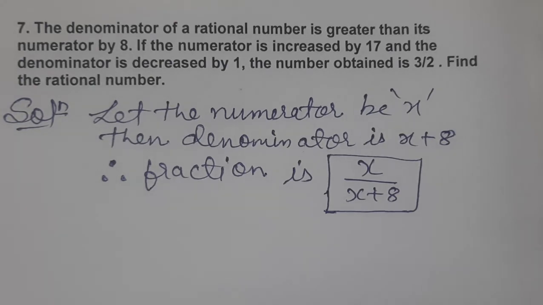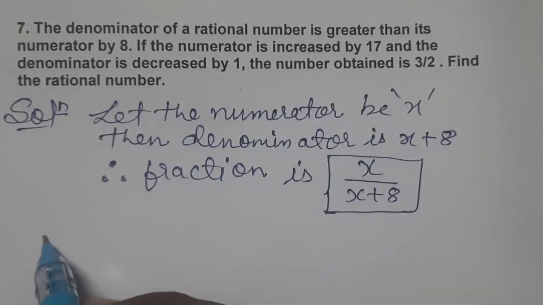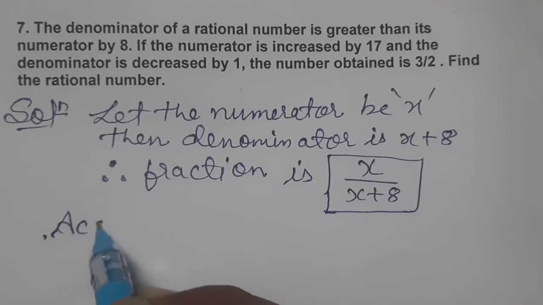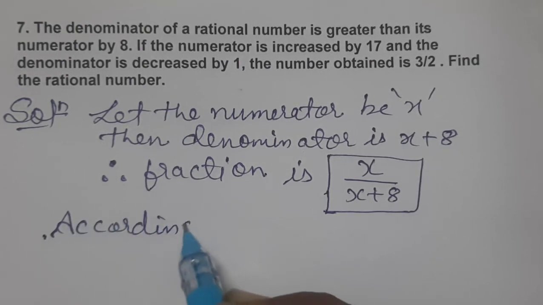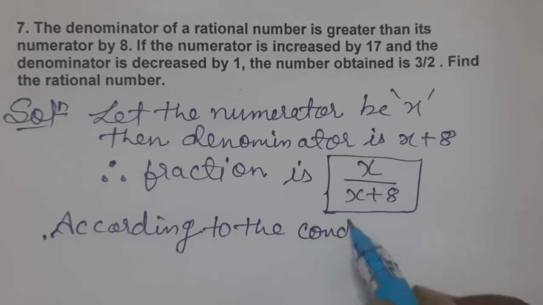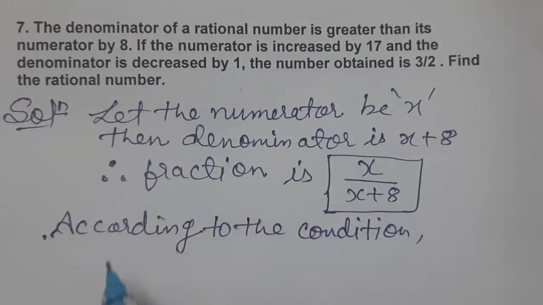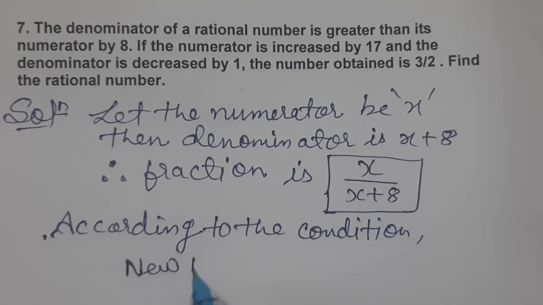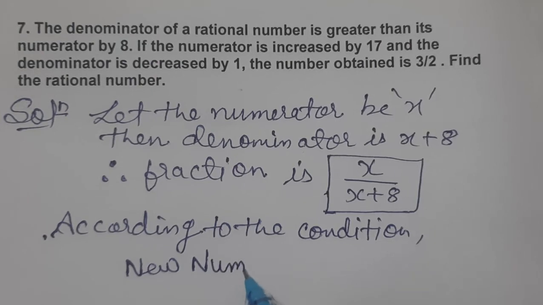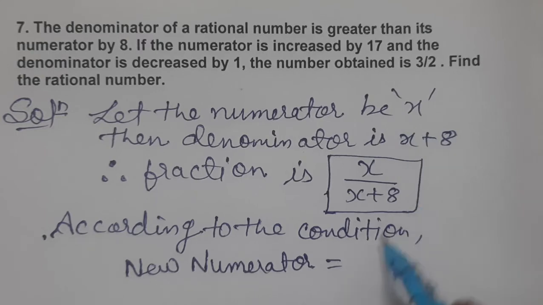Now, reading the next condition. If the numerator is increased by 17, new numerator, according to the condition. Now, we will work according to the question statement. If numerator is increased by 17, what is new numerator? What is our numerator? X. So, we have to add 17 in it.